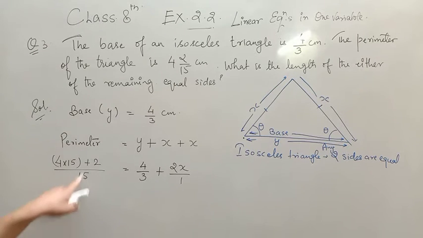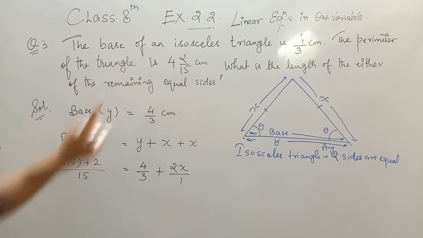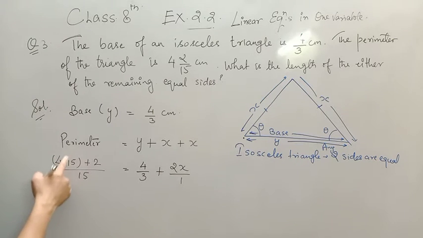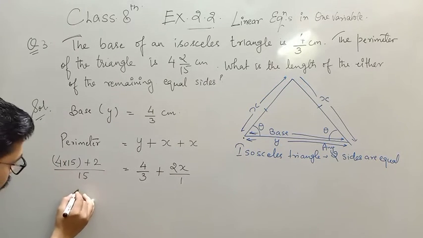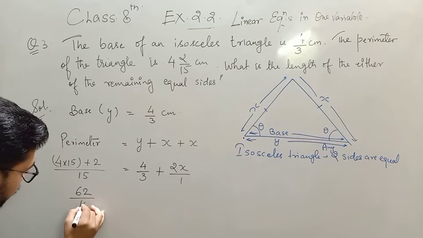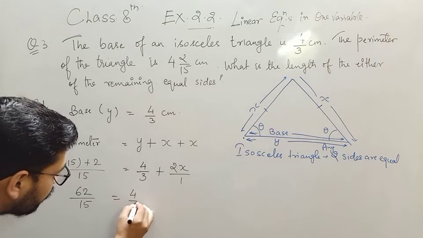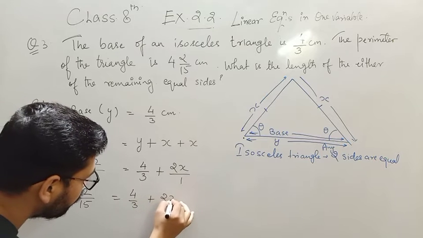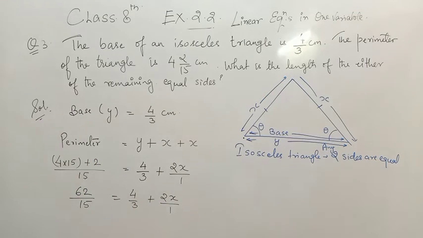Is this simple now? So 15 into 4 plus 2, so 4 5s are 20, 4 1s are 4, plus 2 is 6, so 60 plus 2 is 62 divided by 15 is equal to 4 by 3 plus 2x divided by 1. Any doubt?